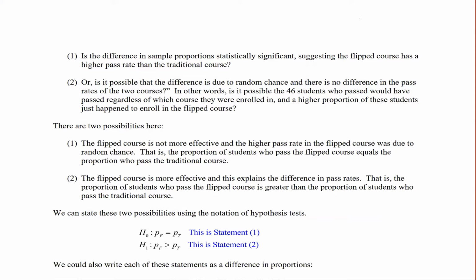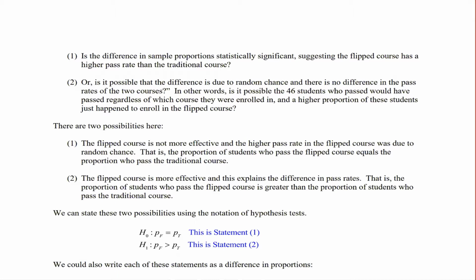And so those two questions lead to two possibilities. First, the flipped classroom is not more effective, and that higher pass rate was simply due to random chance. That is, the proportion of students who passed the flipped is equal to the proportion who would pass the traditional.